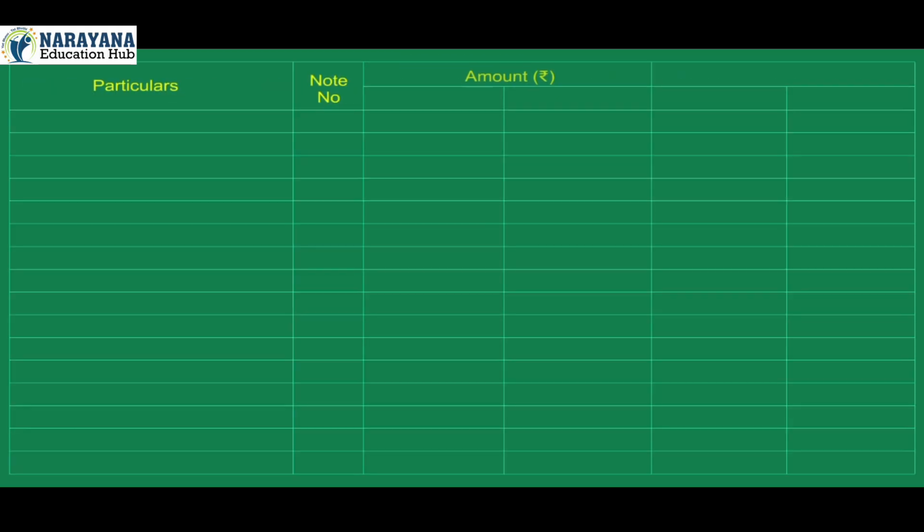Illustration 15. Find out balancing figures of common size balance sheet as at 31st March 2016 and 31st March 2017 of Dahod Limited. Particulars, note number, amount, 31st March 2016, 31st March 2017. Percentage to balance sheet, 31st March 2016, 31st March 2017.